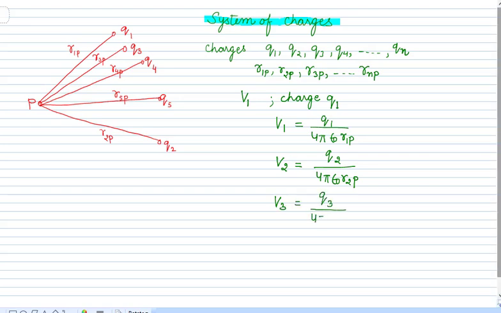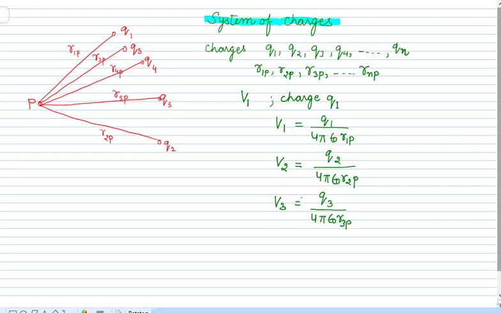We can go like this because we know the formula of electrostatic potential, so we can easily write it down. In all these expressions, R1P is the distance of charge Q1 from point P, R2P is the distance of charge Q2 from point P, and this is the distance of charge Q3 from point P. So these are the position vectors of the respective charges.